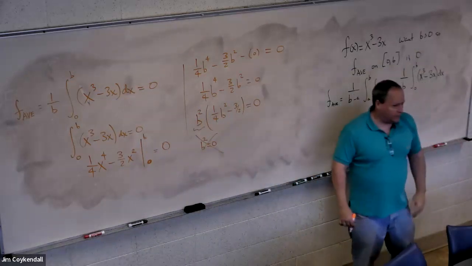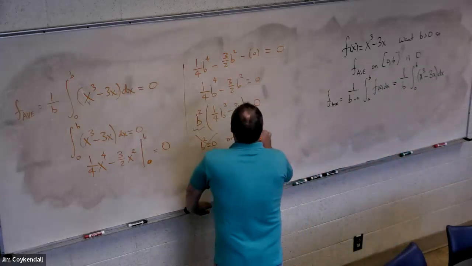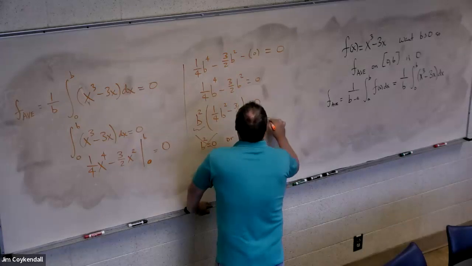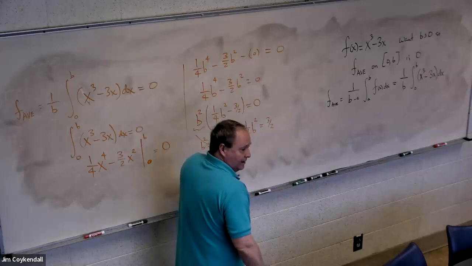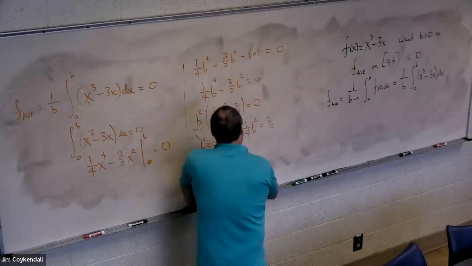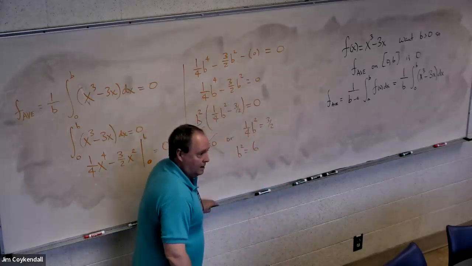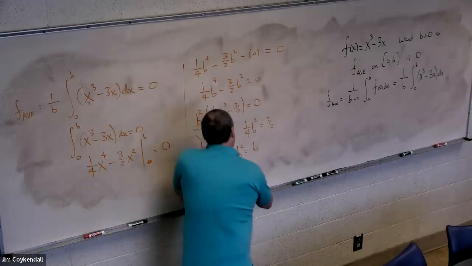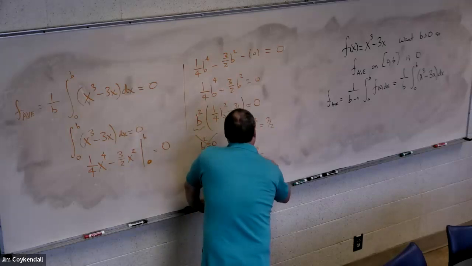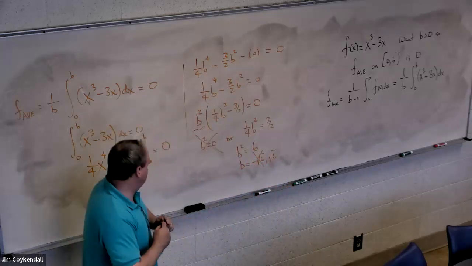So I agree about that. 1/4 B squared equals 3/2. So in other words, this square equals 6. Correct. And this means that B equals minus radical 6, radical 6. And again, B is positive, so the answer for that is radical 6.